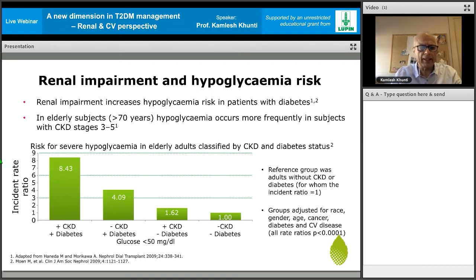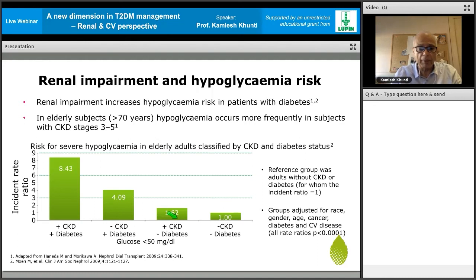This is a really classical study where the reference point here was people without CKD and no diabetes. This is people with CKD but no diabetes. This is no CKD but diabetes, and this is CKD and diabetes. This is looking at incidence rate ratios. So even in people with just CKD without diabetes, there's a 62% increased risk of hypoglycemia.